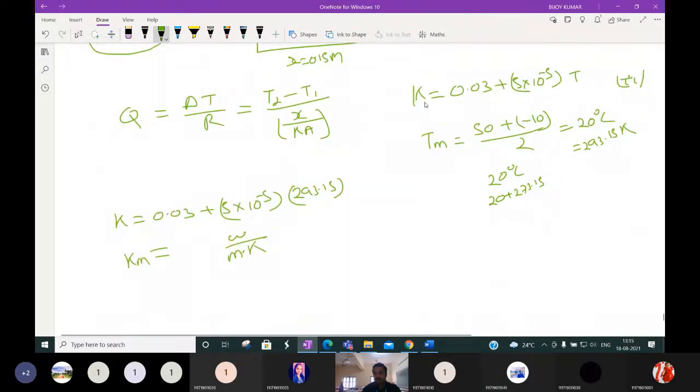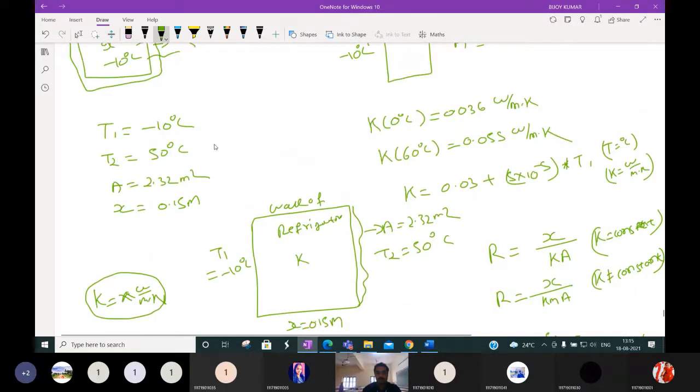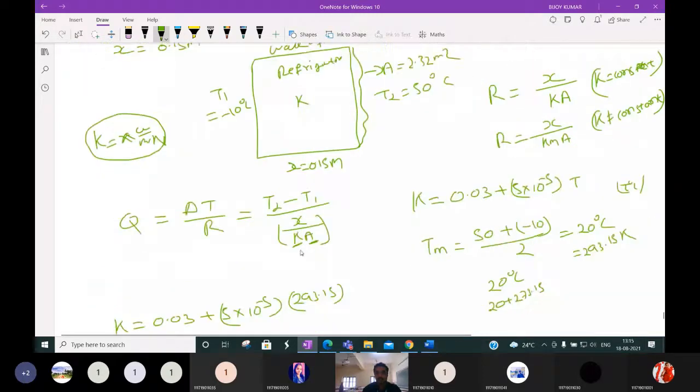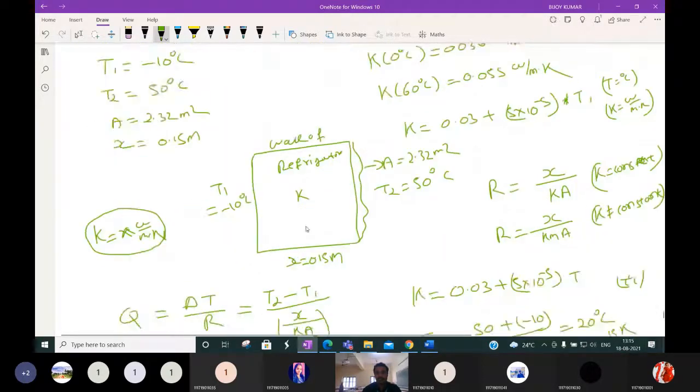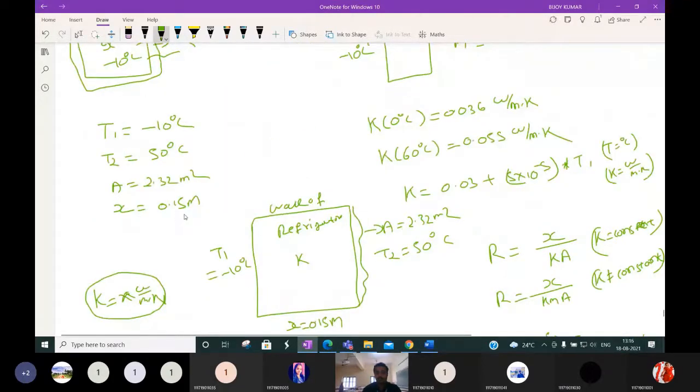So we have to find the mean temperature, which is 20 degrees centigrade, and put it in Kelvin. Whatever K value we get is our K value. A is the area, given as 2.32 meter square, and X is the thickness, 0.15 meter.